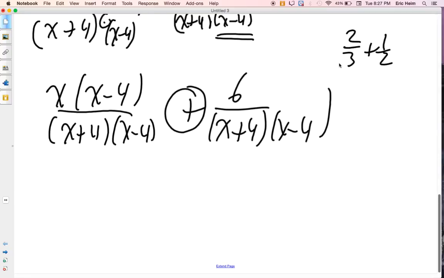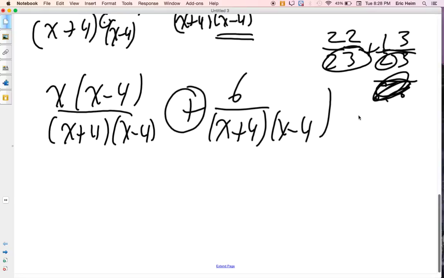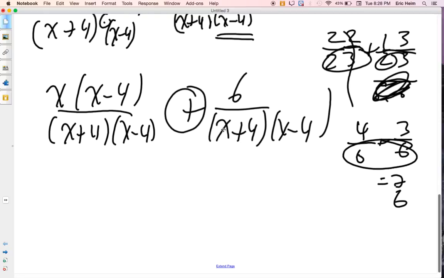You could multiply the top and the bottom of this fraction by 2, and the top and the bottom of this one by 3. Now the bottoms are both equal to 6, and so we have 2 times 2 is 4 over 6, plus 3 over 6 equals 7 over 6. All I'm saying is you have to have a common denominator. Here we have one just the same.